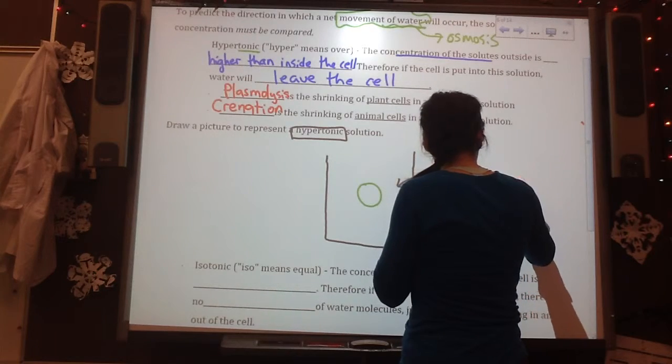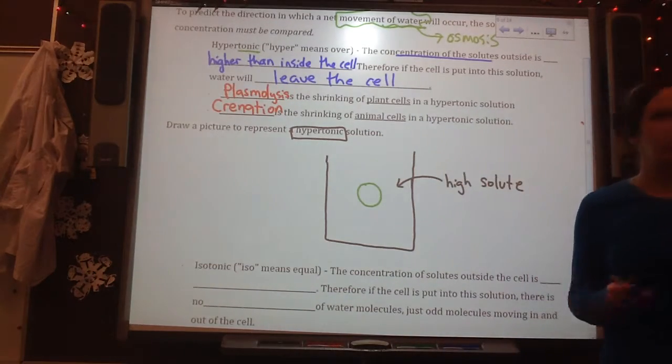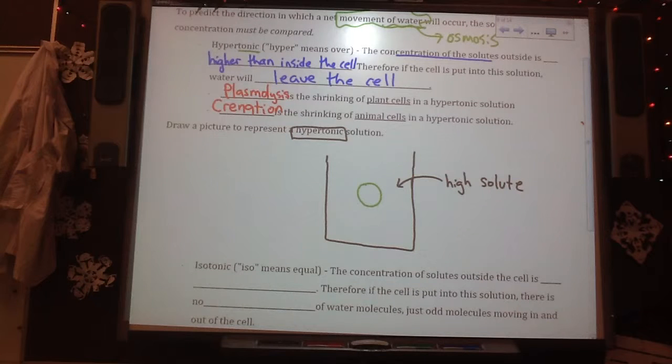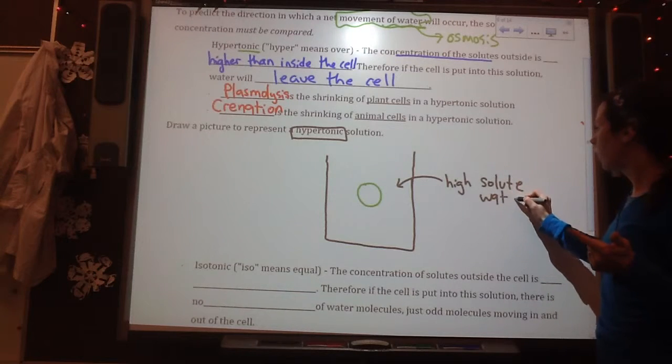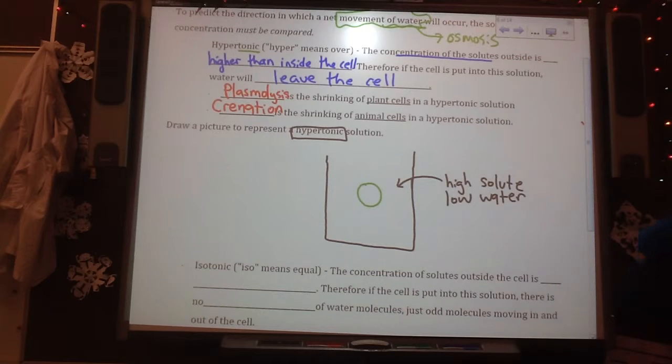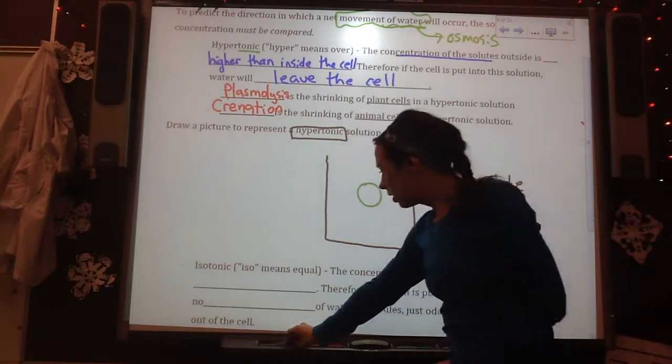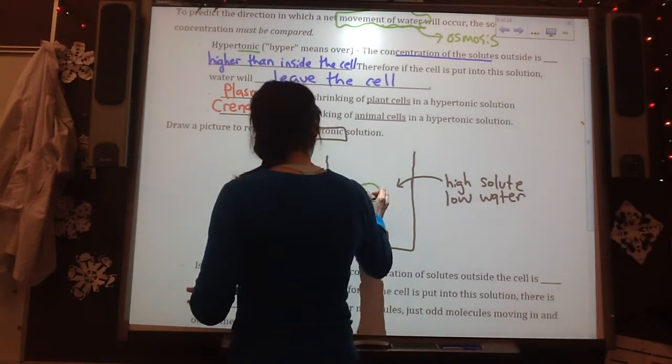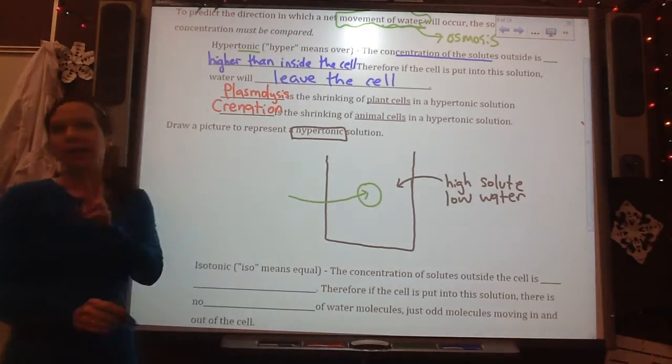So in our beaker is high solute. Now when you think of a solution, it's made of solute, and we'll assume the solvent is always water. Okay? So if you have high solute, you'll have what water? High or low? Low. Okay? So you make that statement first. We have high solute, low water. So then, remember, these words are comparing two solutions.